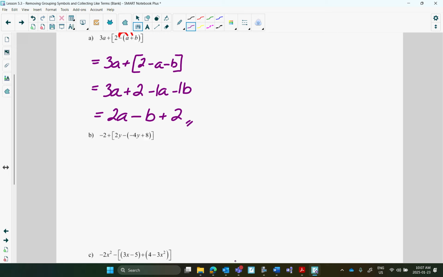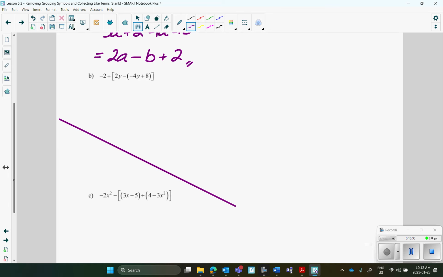All right, let's see if you can do it. I want you to try the second one on your own. See if you can figure it out. It's very similar to the one we just did. So first step, we're only taking out the parentheses.